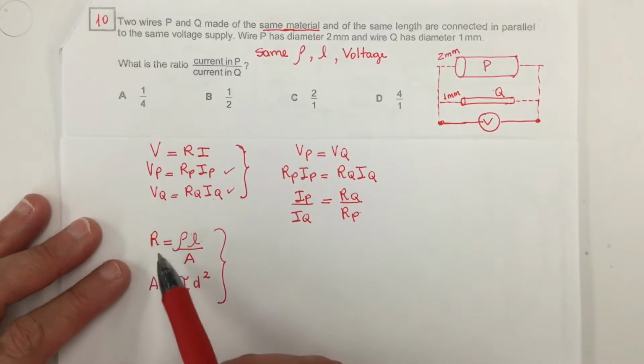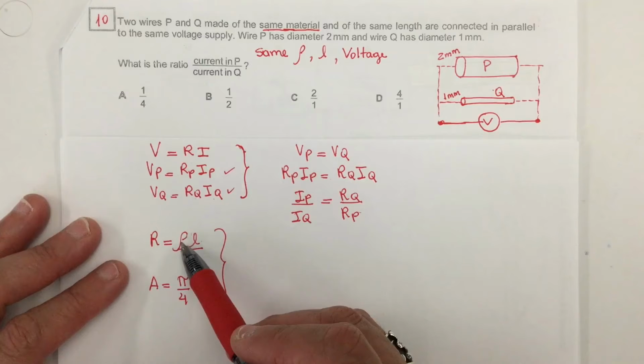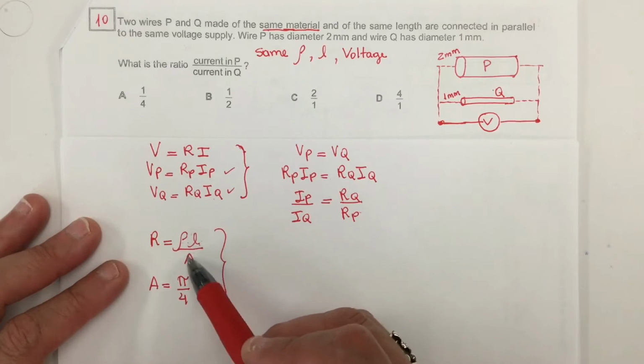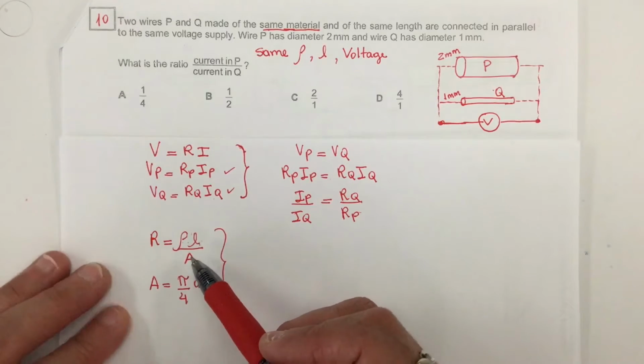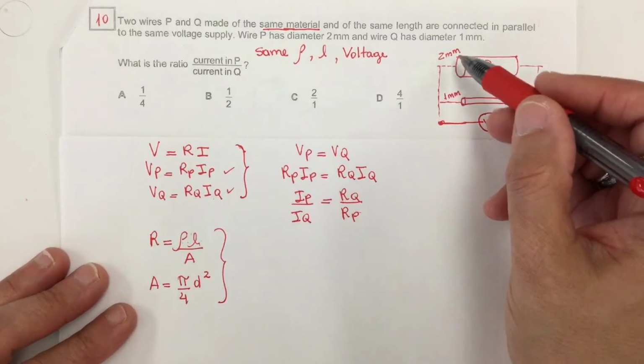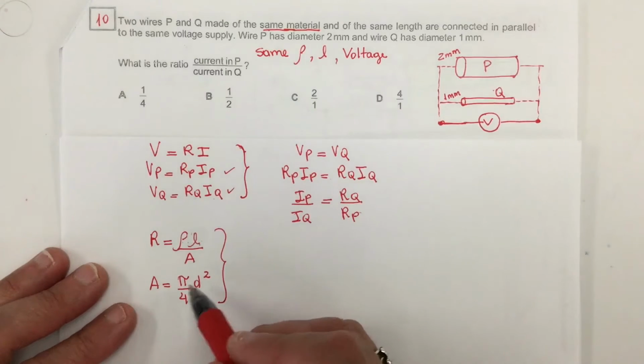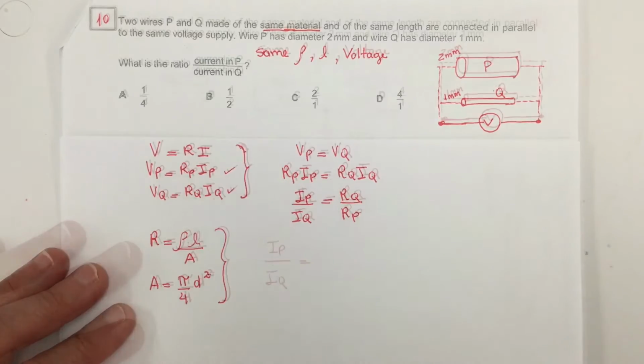Now I'm using two new sets of formulas. One is for resistance, by definition, resistivity times the length over cross-sectional area, and the cross-sectional area of a circle, because this is a cylinder shape, is pi over 4 d squared, diameter squared.